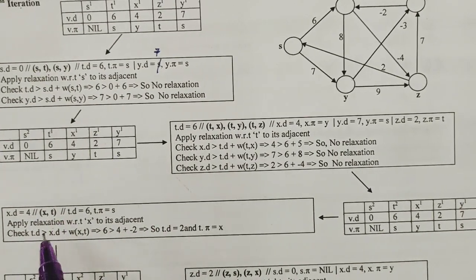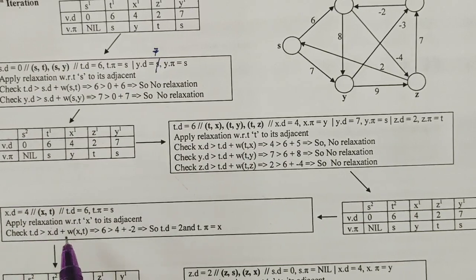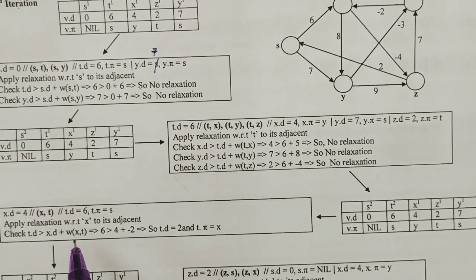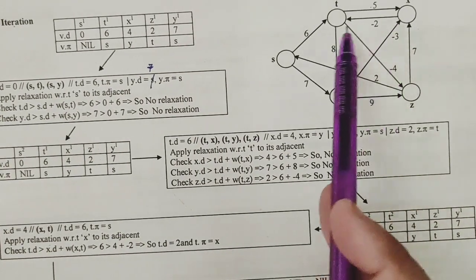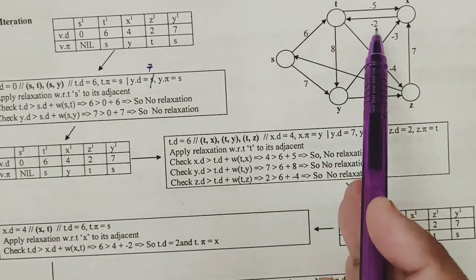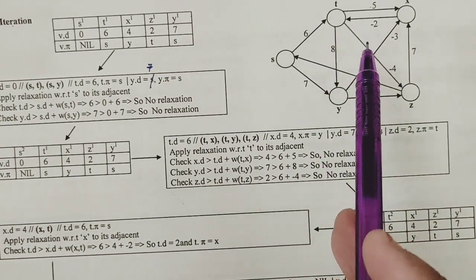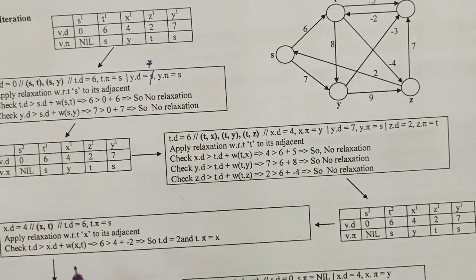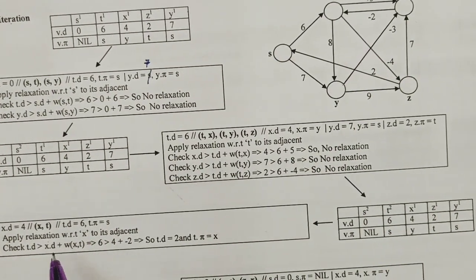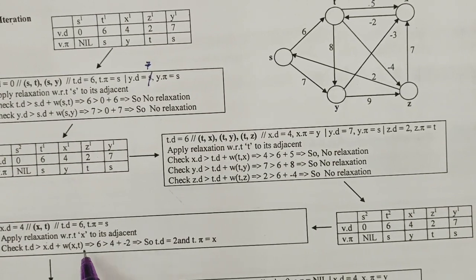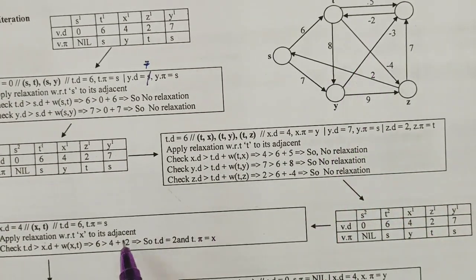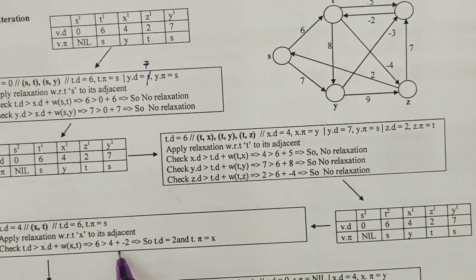What is t dot d? T dot d is greater than x dot d, which is 4, plus w of x to t. Yeah, x to t is a negative edge, minus 2. So you may expect that there is a successful relaxation. Check it. T dot d is 6 greater than x dot d is 4 plus w of x to t, minus 2. So 4 minus 2, 2. Yes, 6 greater than 2.